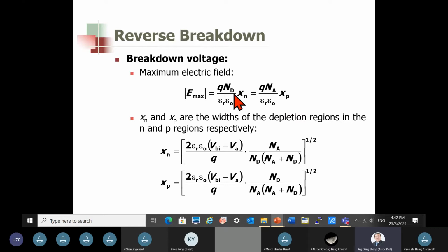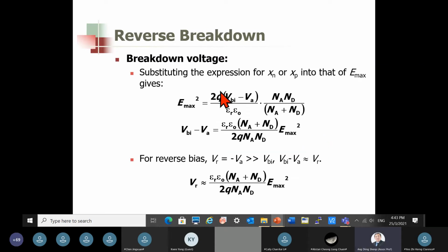You can use either one of these two expressions, since the maximum electric field is continuous at the metallurgical junction. Xn and Xp are in turn given by these two expressions, which we actually derived much earlier. Let's substitute Xn or Xp into the expression for the maximum electric field and then square both sides to remove the square root sign. We get an expression for the maximum electric field squared in this way.